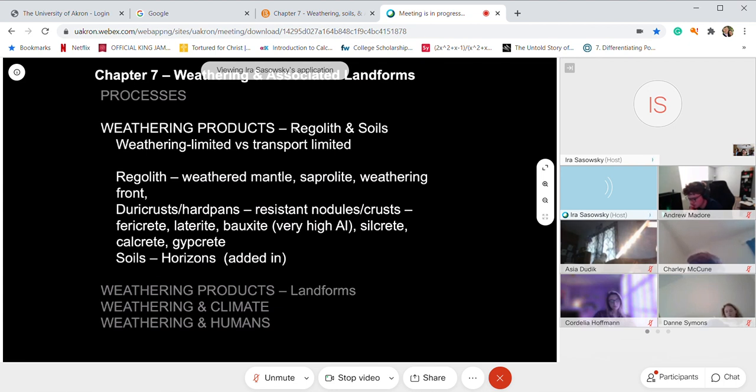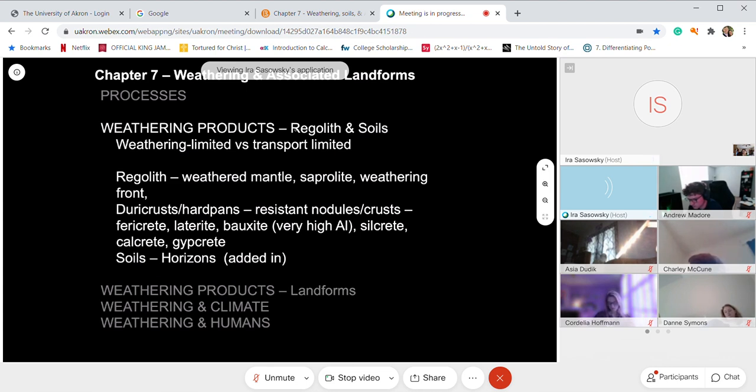And so some of the types that we see depend upon their mineral content. So ferricrete is an iron-rich duracrust. Calcrete is calcium carbonate rich. Silcrete is silica rich. Alcrete, aluminum rich. Gypcrete is gypsum rich. And magnacrete is rich in magnesite.